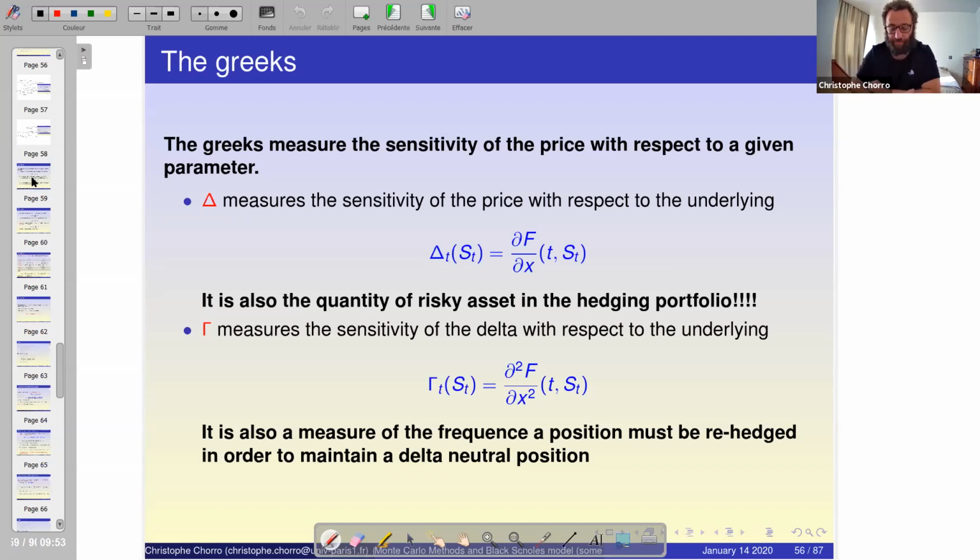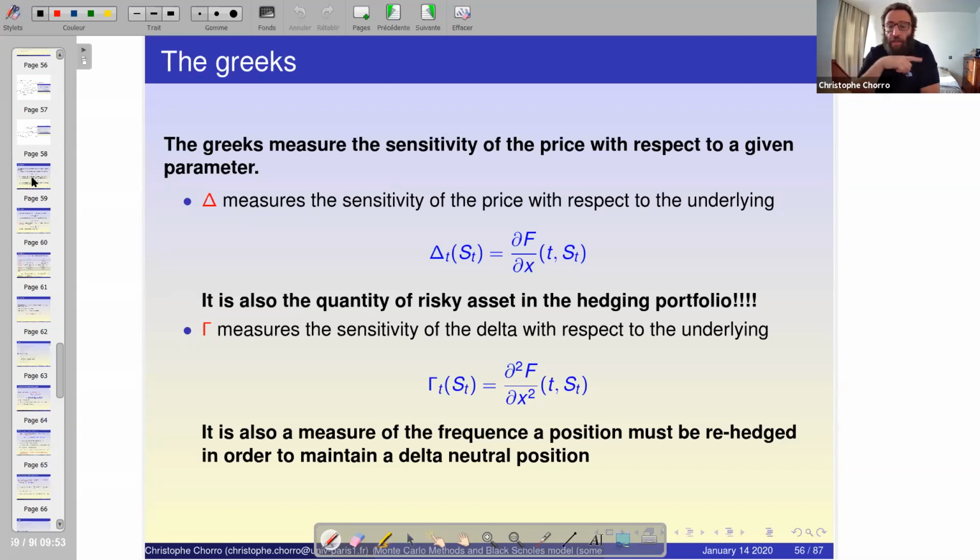But in reality, typically because you have transaction costs to pay, when I build a hedging portfolio, I do this discretely. I don't trade in continuous time, because if I do, it will cost me a lot through transaction costs.